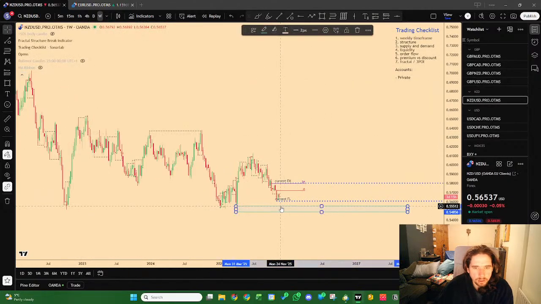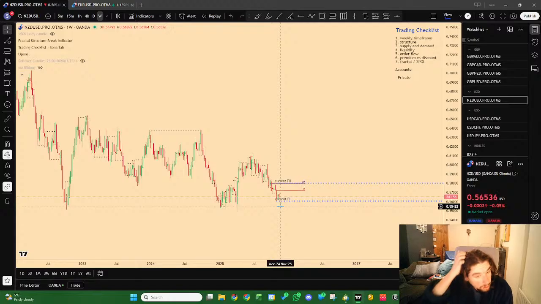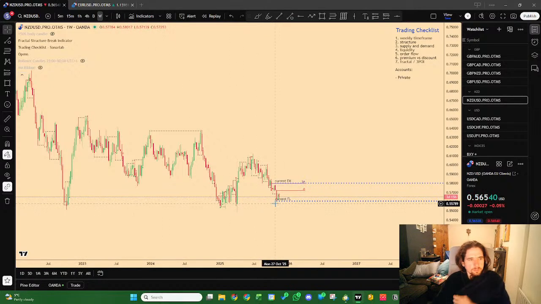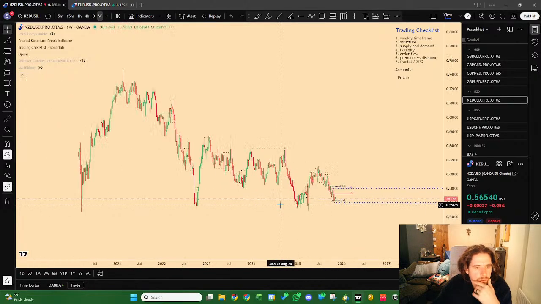USD. Yeah, there's lots of areas here where we could turn around from. There's a big zone of demand there that's quite strong.